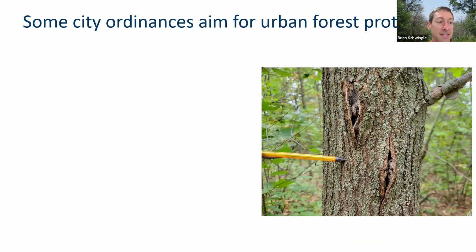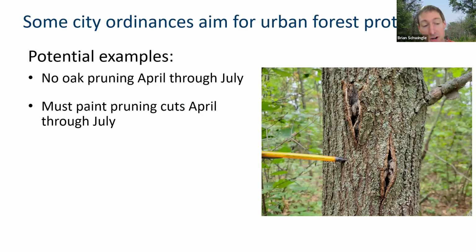I also want to let you know that many cities throughout Minnesota have ordinances which aim to protect the overall urban forest. And oak wilt ordinances are quite common. So here are some examples that you might find in your city ordinance code. Maybe the city says no one can prune oaks April through July.